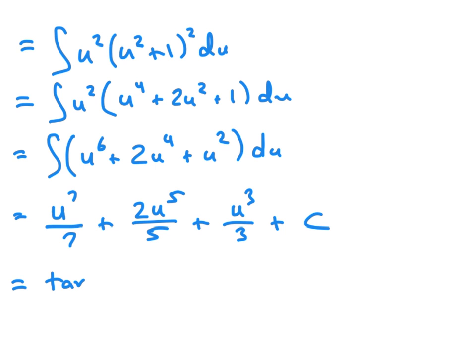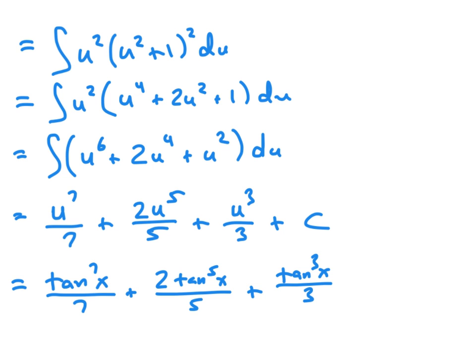So we get tangent of x to the seventh power, all over 7, plus 2 times the tangent of x to the fifth power, all over 5, plus the tangent of x cubed over 3, all plus c. And this is our antiderivative of tangent squared of x secant to the sixth of x.